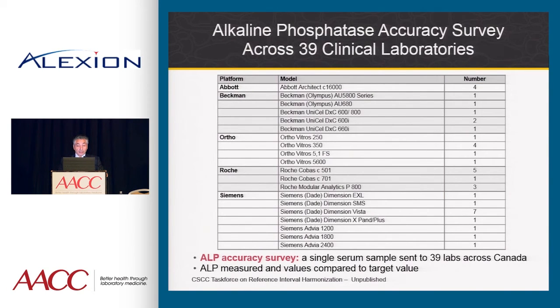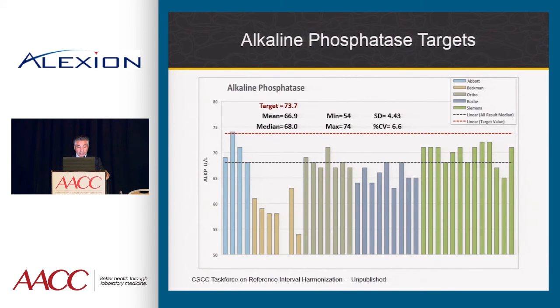Now, I should say that as part of this task force on harmonization, we also did a survey through Dr. David Succumb's program, where a single sample was sent to about 39 labs across the country, and they measured alkaline phosphatase, and a few other tests as well. But I'll just show you the alkaline phosphatase levels. You can see that we not only have a reference interval problem, we also have a problem in terms of calibration.